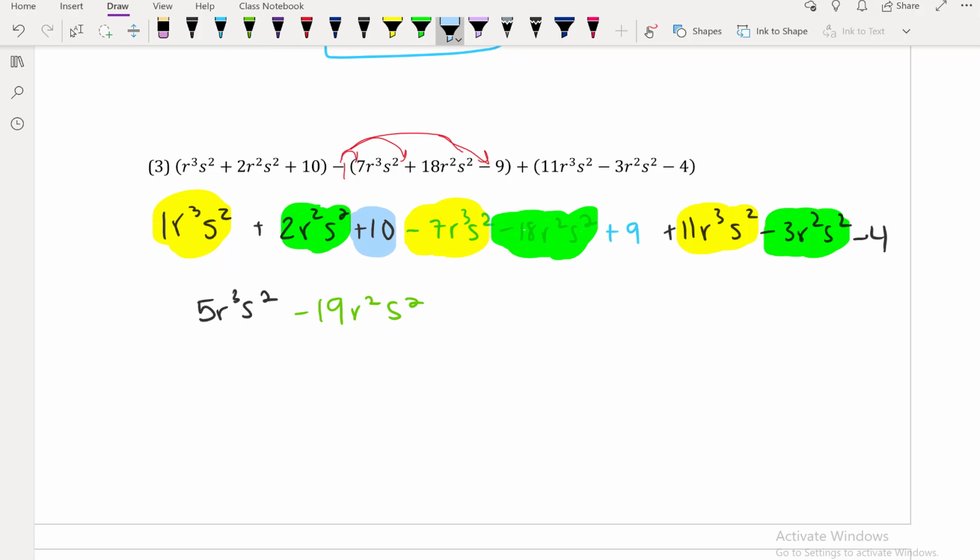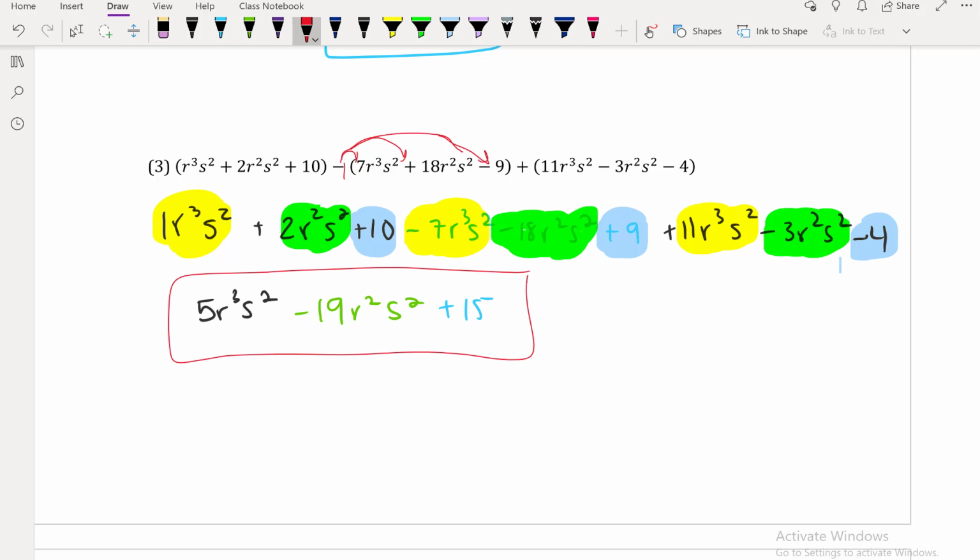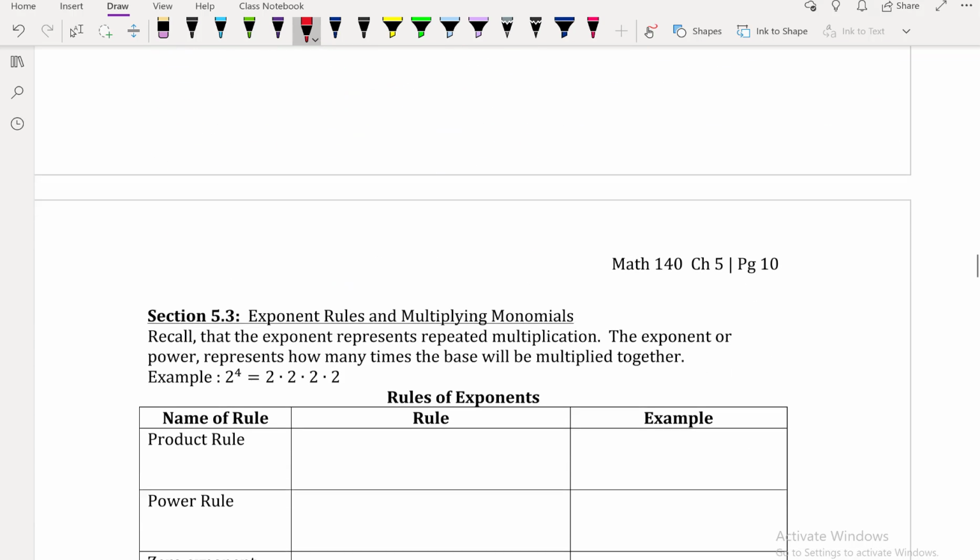Now I have a positive 10, a positive 9, and a negative 4 I'm going to be combining together. So it's 10 plus 9 minus 4, and that gives me a positive 15. And so that is how I added and subtracted for number 3.